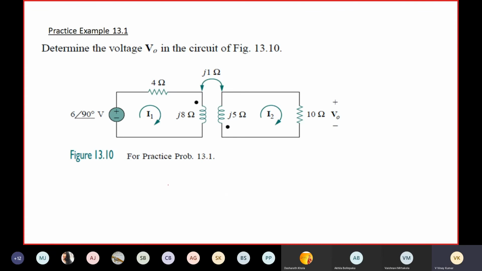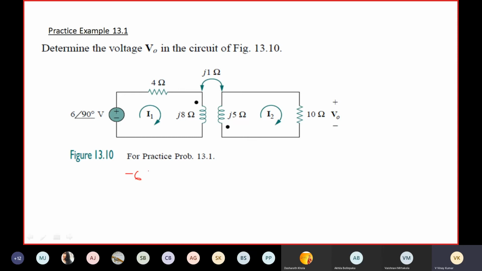So coming to this problem. Let me write the KVL equation around loop 1. Apply KVL to loop 1.